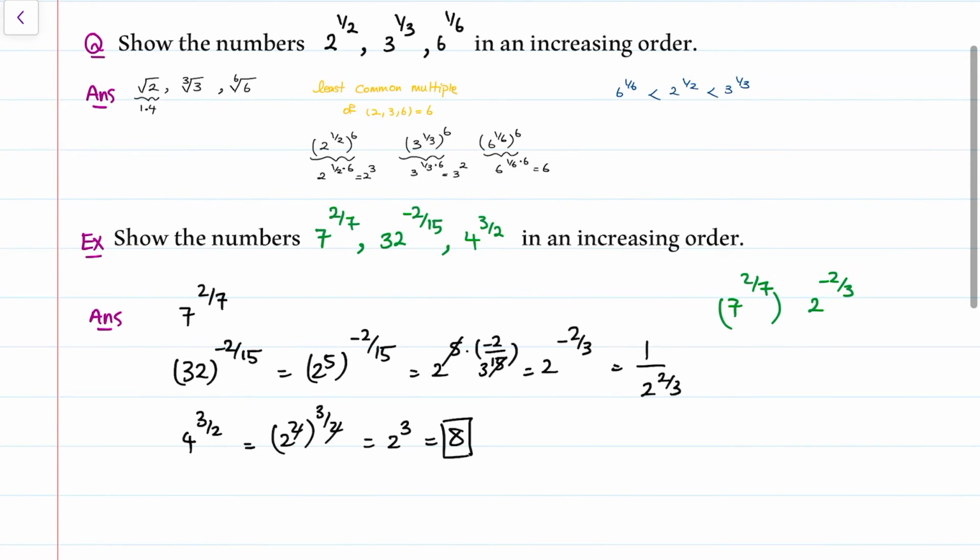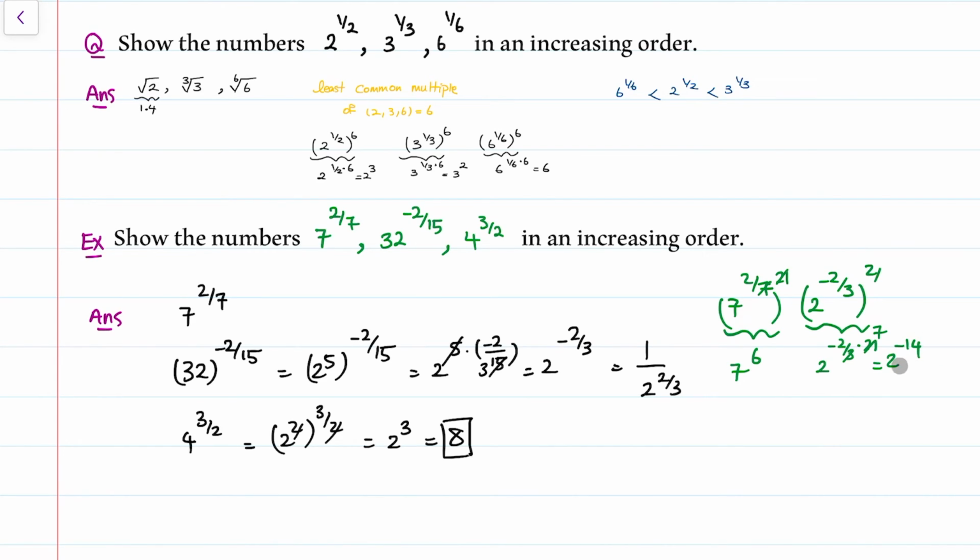So I raise them to a power of 21. I'm going to simplify these two. This one would be 7 to the power of 6. How about this one? This is 2 to the negative 2 over 3 times 21, which is 2 to the power of negative 14.